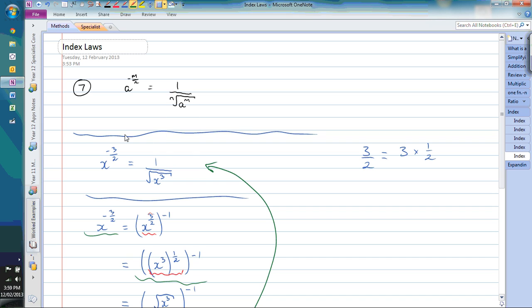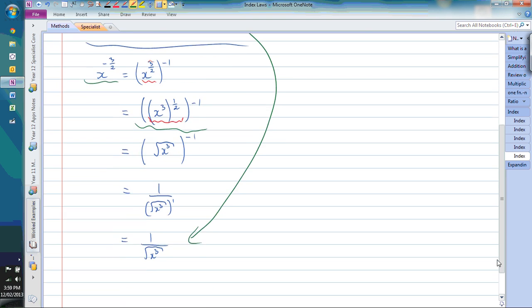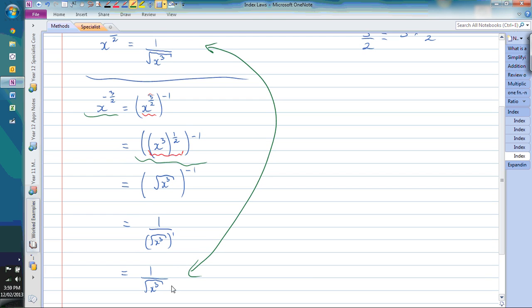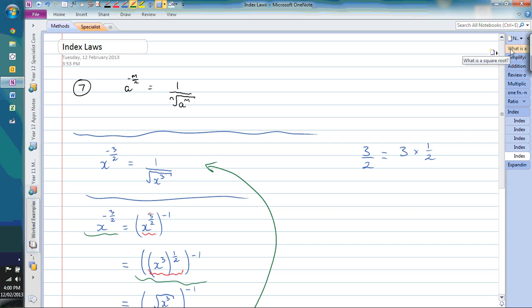I'm happy for you to use the law if you'd like to get straight to the answer, but if you get confused and you're not sure, you can always break it up into a series of simpler steps, even though it might take you a little bit longer. I hope that's helpful. We need to make sure that we understand these index laws so that we're able to simplify more complicated algebraic expressions.